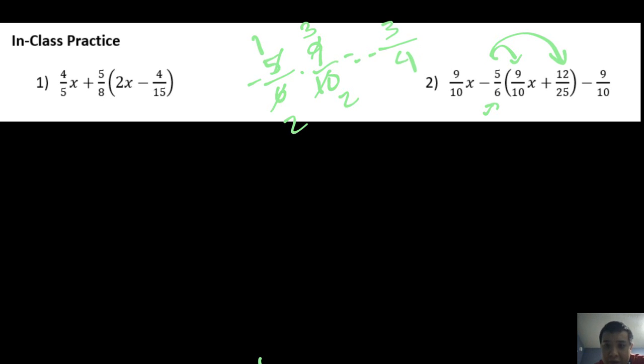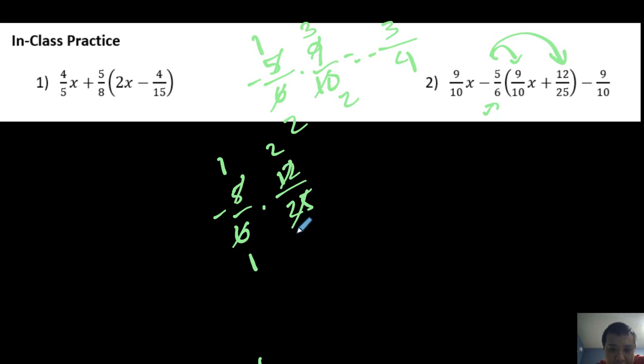Then for negative 5/6 times 12 over 25, again cross canceling. 6 goes into both 12 and 6, and 5 goes into both 5 and 25. So when we multiply that out, we get negative 2/5.